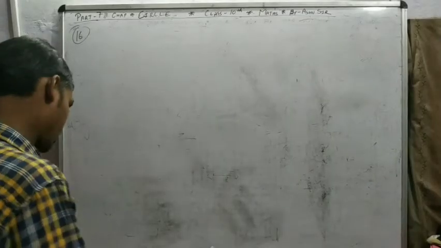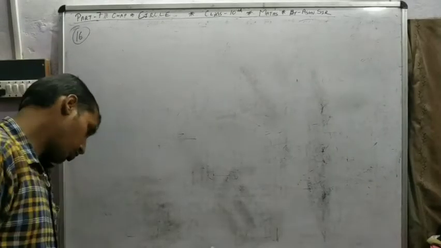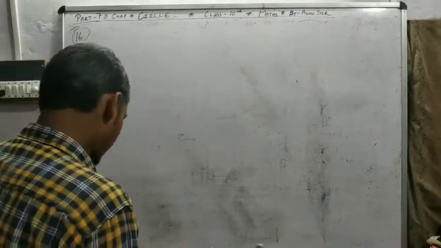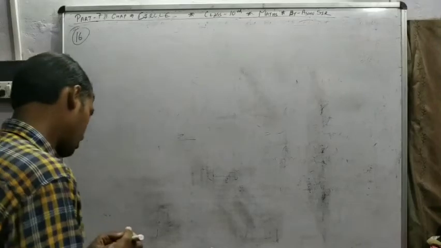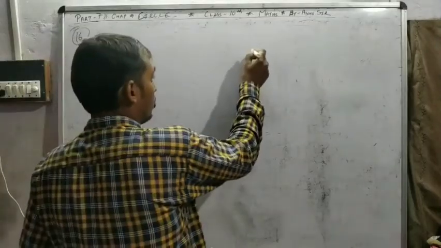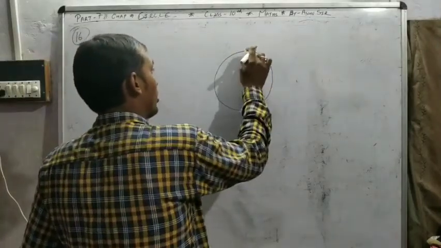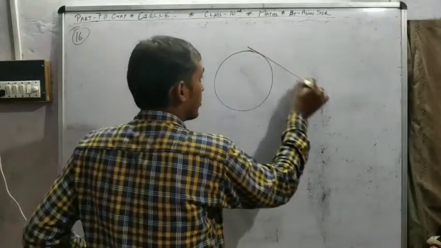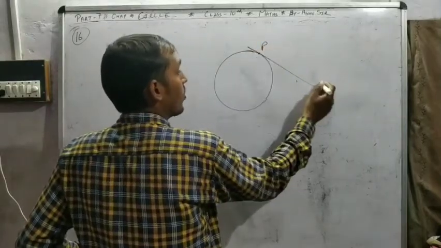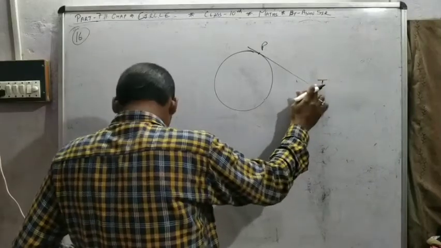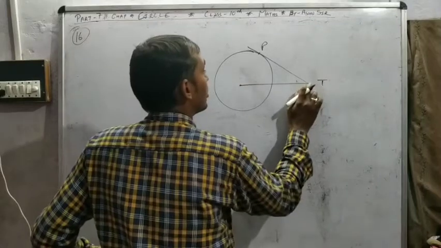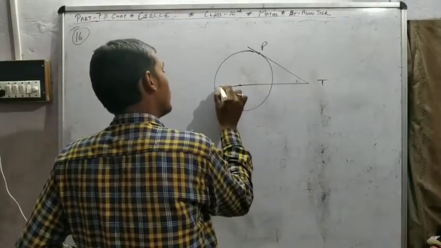Let's see this question. Good question. The questions are from the R.S. Agarwal book. The question is, in the given figure, so firstly we draw the figure. Tangent at P from the external point T, and this point T is joined with the center O and extended.